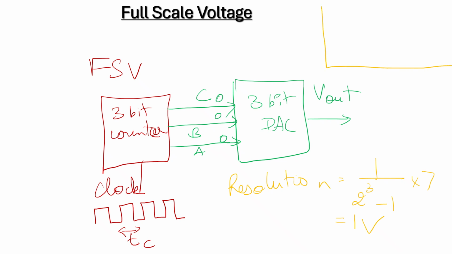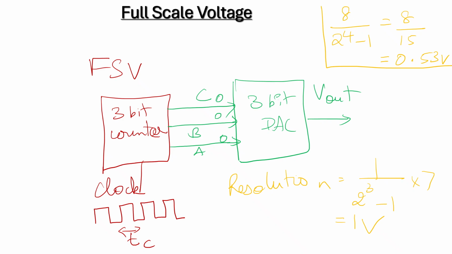It is 8 divided by 2 power 4 minus 1. 2 power 4 is 16, 16 minus 1 is 15. So the value of the output voltage step is 0.53 volts. So we can calculate the exact resolution of the output voltage also.